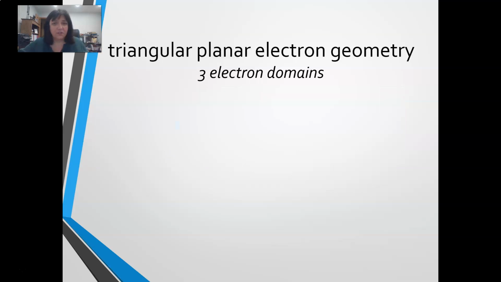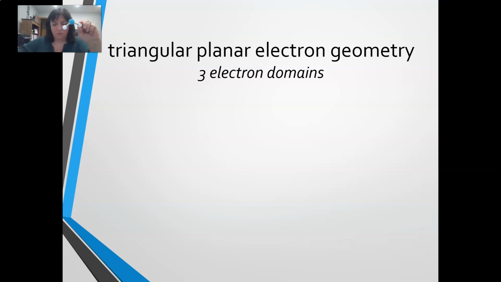Okay, so then we get into triangular planar electron geometry. So I got 3 electron domains. Okay, if all of them are bonding, I get triangular planar. But what if one of them is not bonding? Okay, what if one of them, oops, that's too many. What if one of them, take this stick away. Okay, what do I have now?